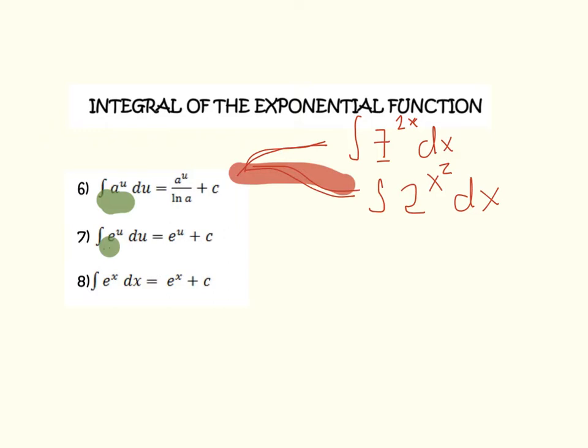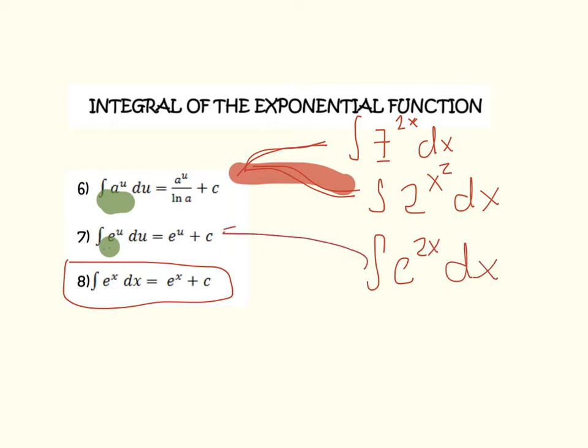The very last one, number 8, is only for e to the x. It can be used only in this case. It doesn't work for e to the 2x. If you have an integral like e to the 2x, then the rule you have to use would be this one.